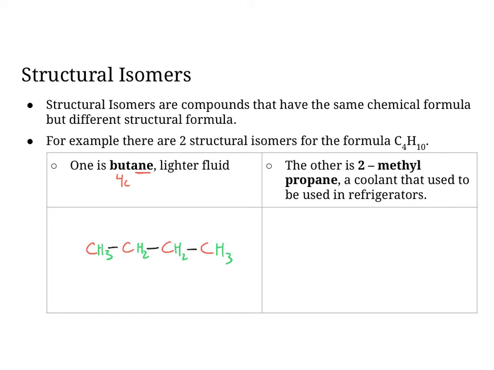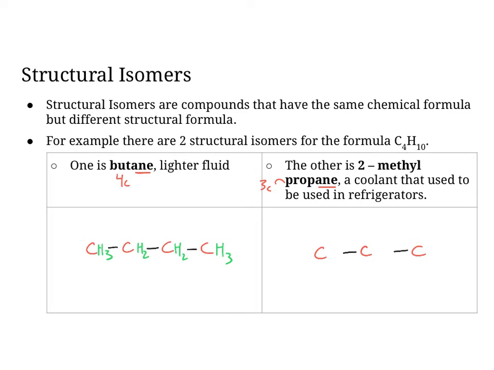There happens to be another form of C4H10, which is called 2-methylpropane. So what I see here is I see that I have "ane", so it's all single bonds. "Prop" tells me it's 3 carbons long, so I'm going to start with that. That's going to be my parent chain, 1, 2, 3. And then I'm going to bond them together, so they're all single bonded together.